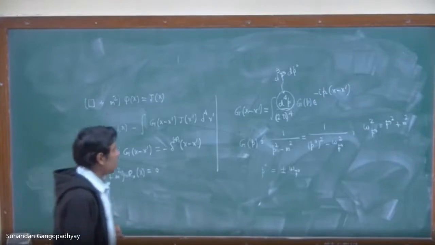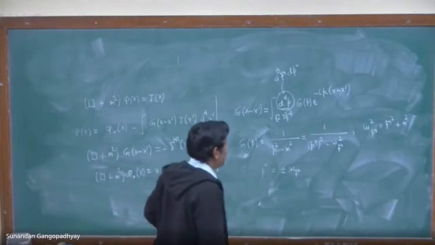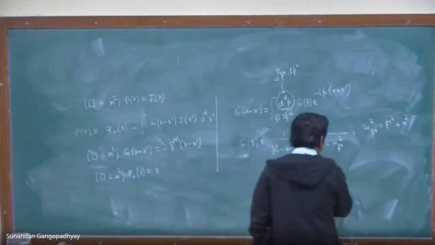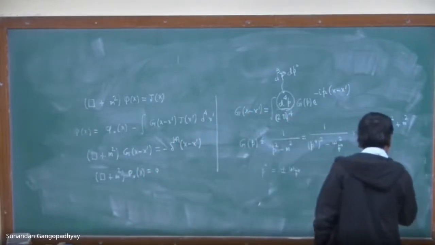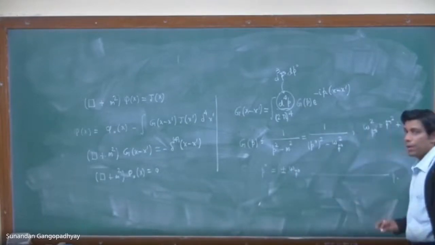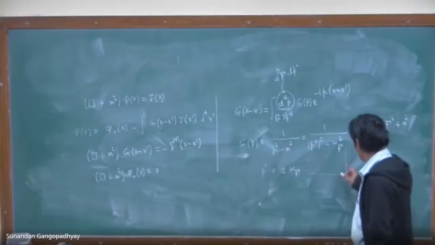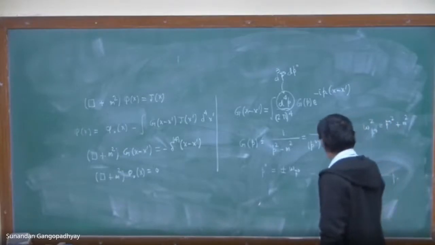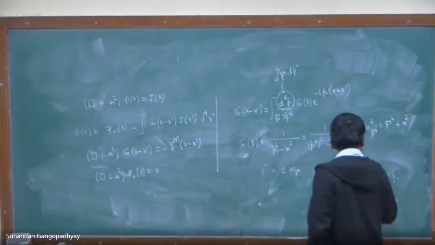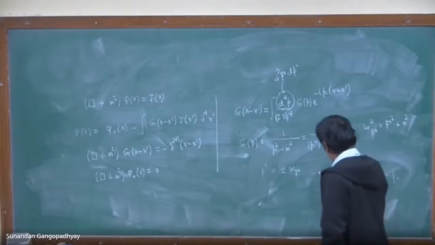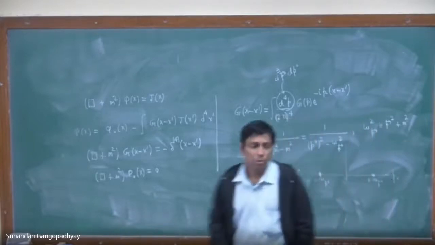But before that, you can see that if this is the p0 line from minus infinity to plus infinity, and say this is the zero of the p0 axis, and so this is minus omega p, and this is plus omega p. So the poles are at these 2 points. These are the poles. So what we can do, we can choose a contour which actually bypasses the poles like this.